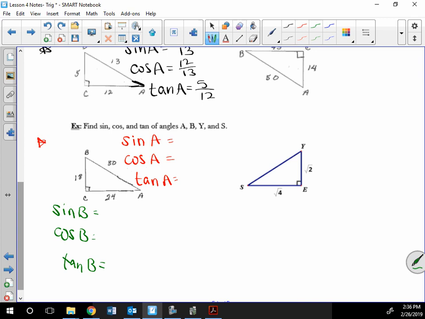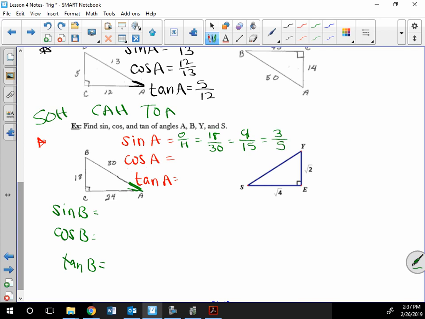Alright, what is sine of A going to be? Here's my angle A. Remember, we have SOHCAHTOA. So sine is opposite over hypotenuse. What's our opposite? 18. Our hypotenuse? 30. And what can we simplify this down to? 9 over 15. Oh, we can go even further. Sweet.